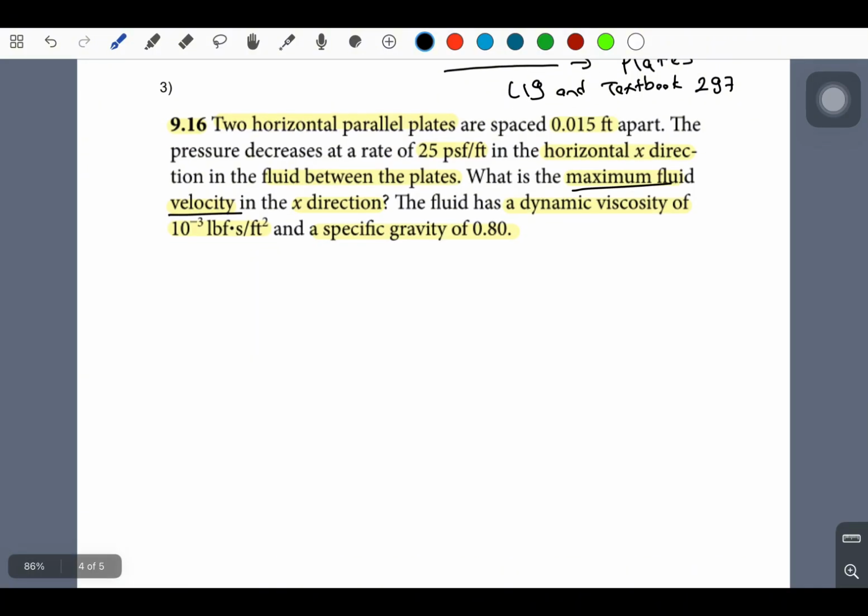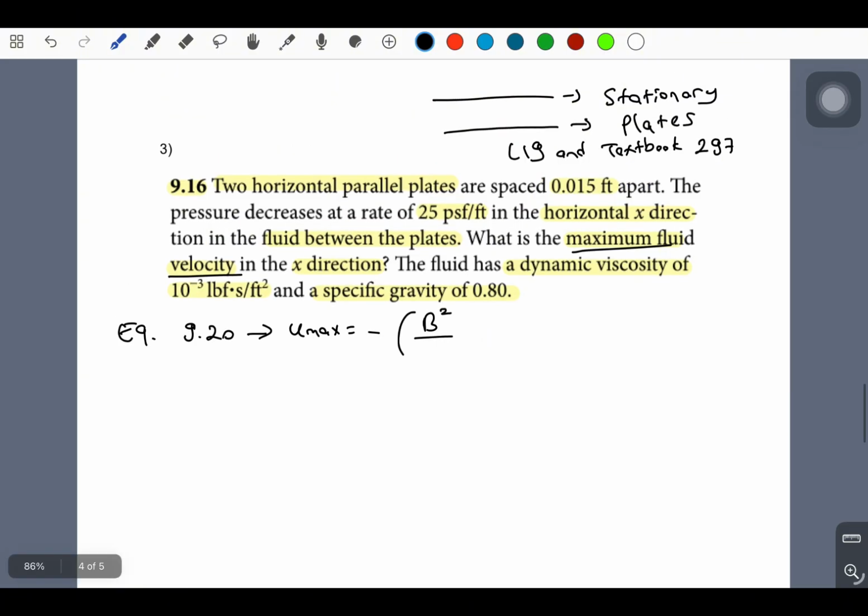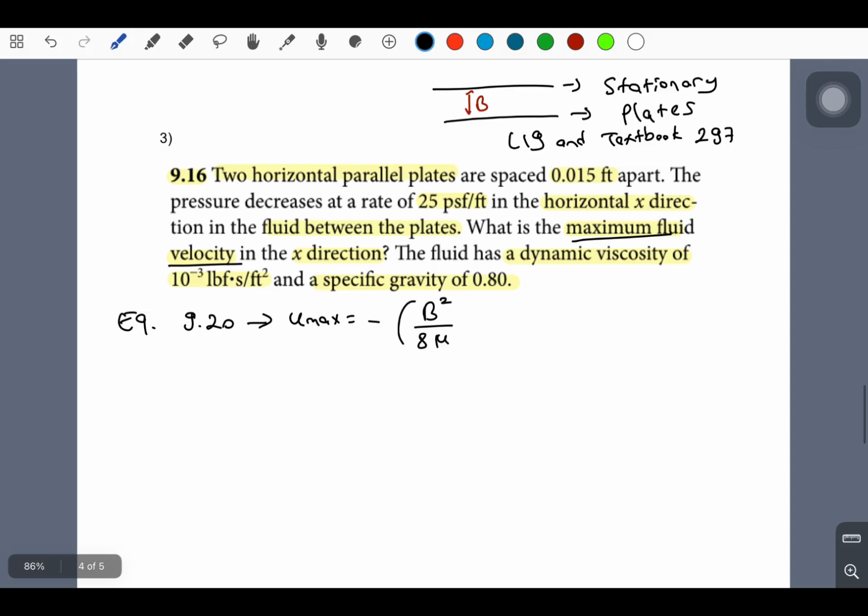You can use equation 9.20, which gives u maximum is equal to b squared, where b is 0.015, so it is actually this distance, over eight times the dynamic viscosity, times d over ds.